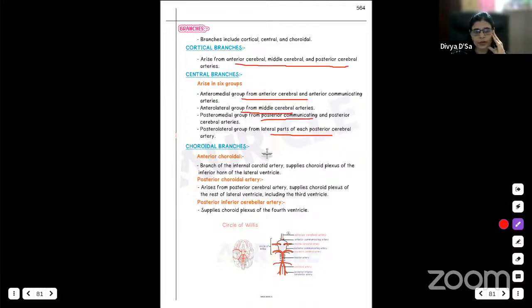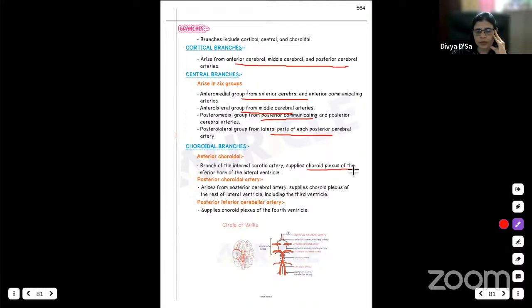Then we have the choroidal branches. Choroidal branches, we have anterior choroidal, posterior choroidal, and posterior inferior cerebellar artery. Choroidal branches basically form the plexus to supply the ventricles. Okay, so anterior choroidal artery is a branch from the internal carotid.